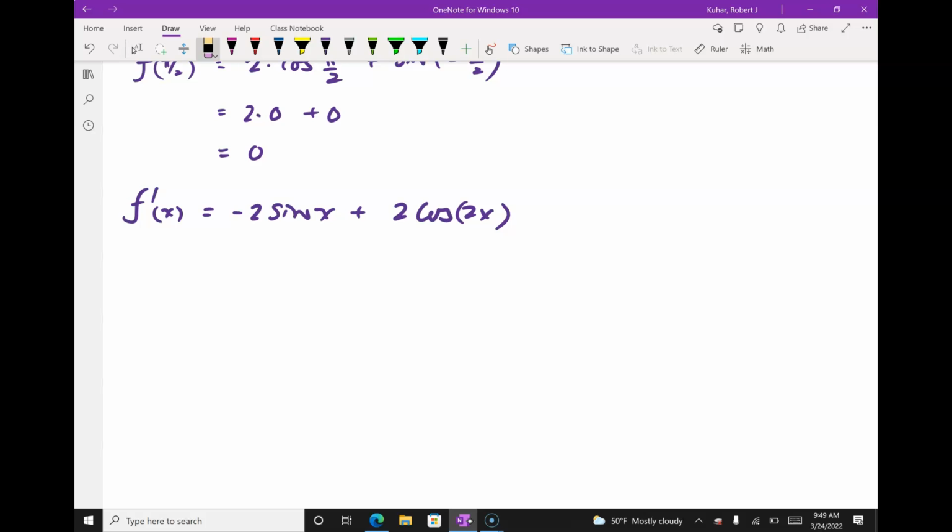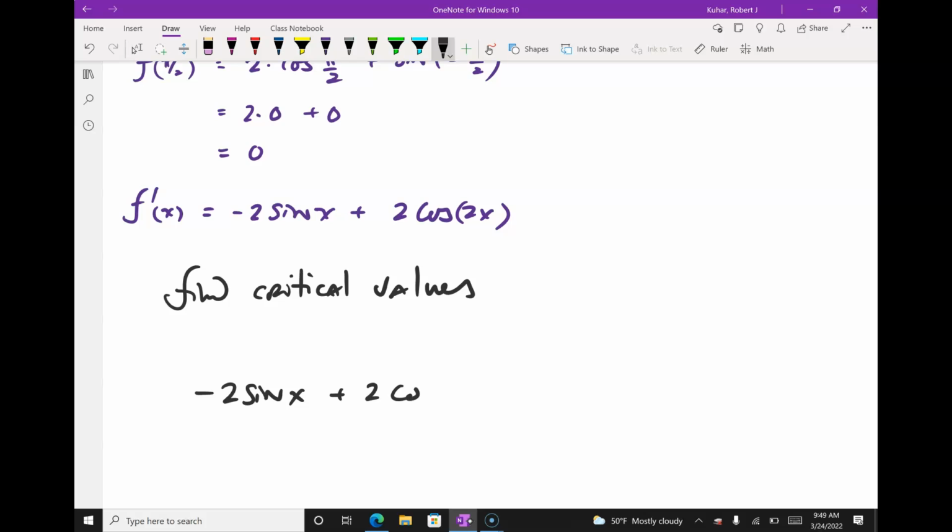So, what do I have to do? Once I found my derivative, I have to set this equal to 0, right? So find the critical values. So I know that negative 2 sine x plus 2 cos 2x should equal 0.